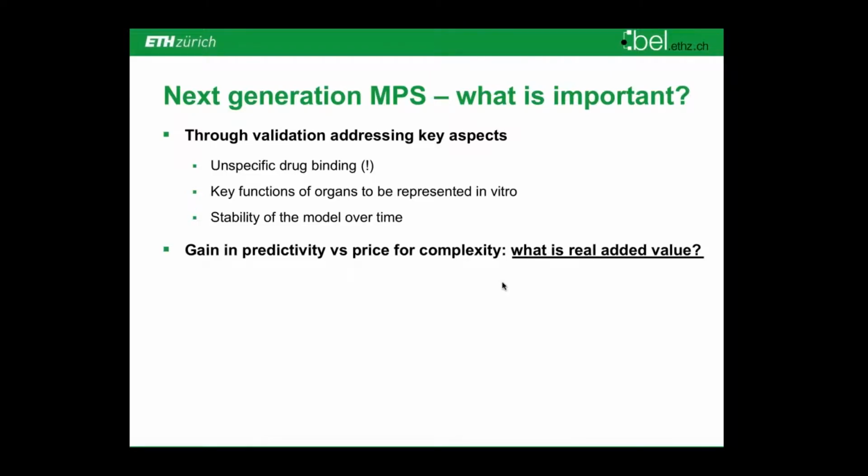Important is also the aspect that I think the gain in predictivity has a price, and you always have to think about what the real added value is, because there are nice systems around where you can do very complex things, but maybe it's not even necessary. So why do the effort? Another problem is sourcing of cells and validating their biological reference. We start in tox, and HepG2s are a nice screening system, but they are not very good to model metabolism.